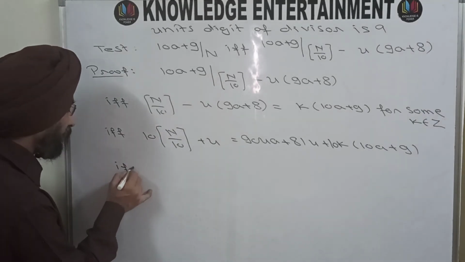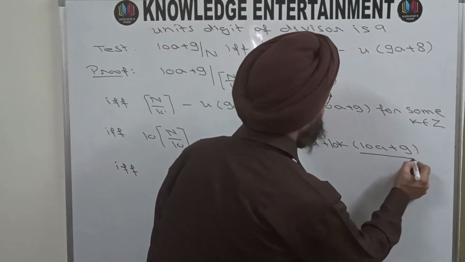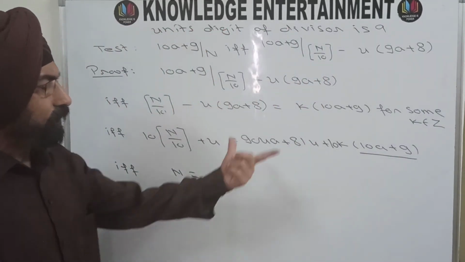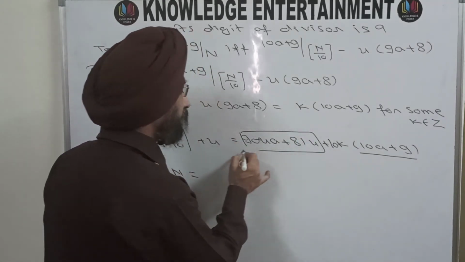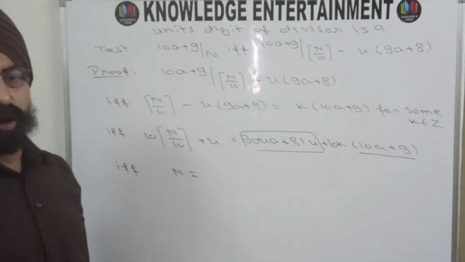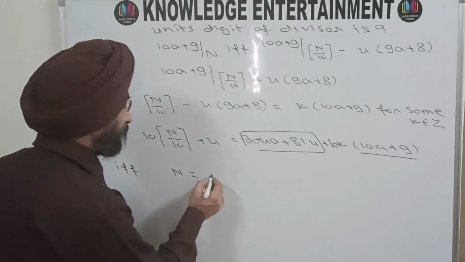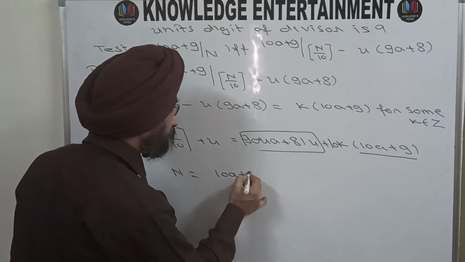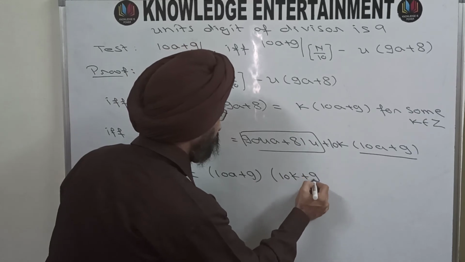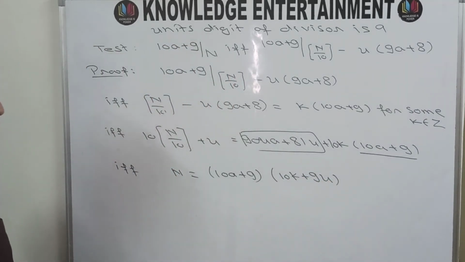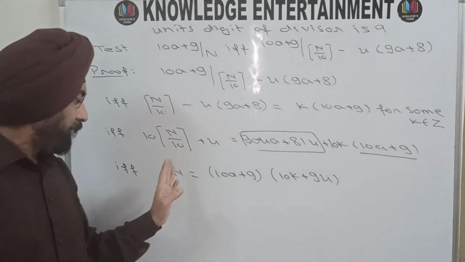So if and only if your n is equal to, on the other side, 10a + 9 is a factor of the last term, and if you see the first two terms and take 9u common, you will once again get 10u + 10a + 9. So 10a + 9 can be taken out and you will get (10k + 9u). So that means n has a factorization of these two. So this means 10a + 9 divides your n.